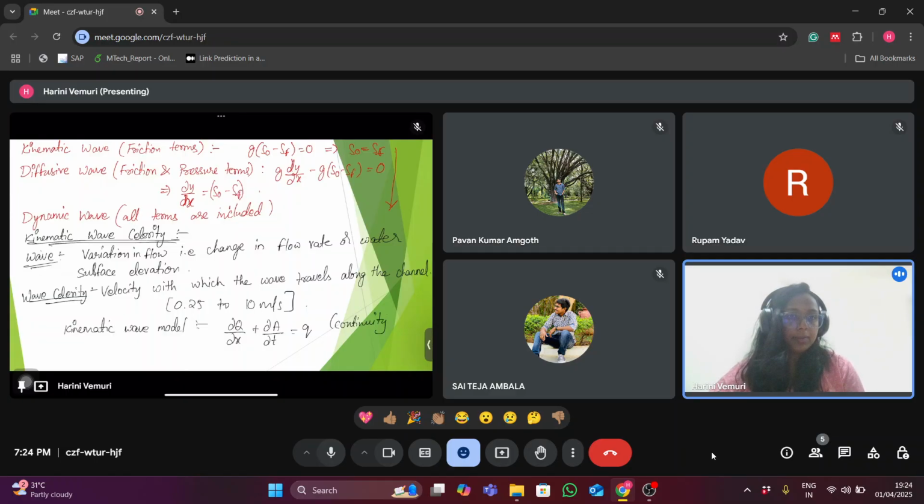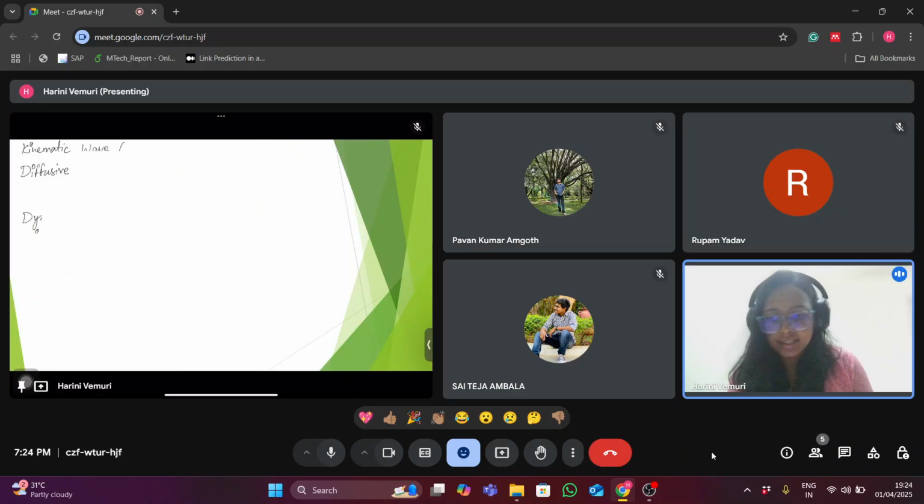In the kinematic equation, we are only considering the friction term, so the momentum equation will be S naught minus Sf. In the kinematic wave model, the momentum equation is replaced by uniform flow equations, for example Manning's equation.